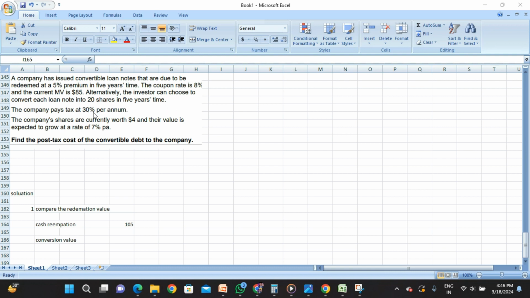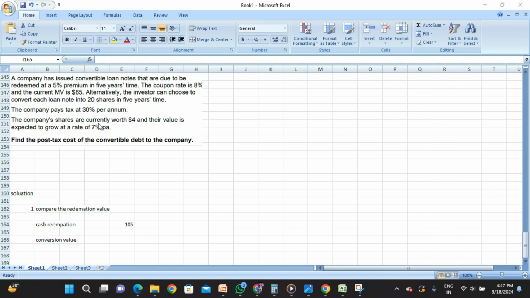The company will pay tax at 30% per annum. The company's shares are currently worth $4. Their value is expected to grow at a rate of 7% per annum. In this case, we can ignore the tax rate. You remember in the slide, we do not consider the tax rate on the convertible note.